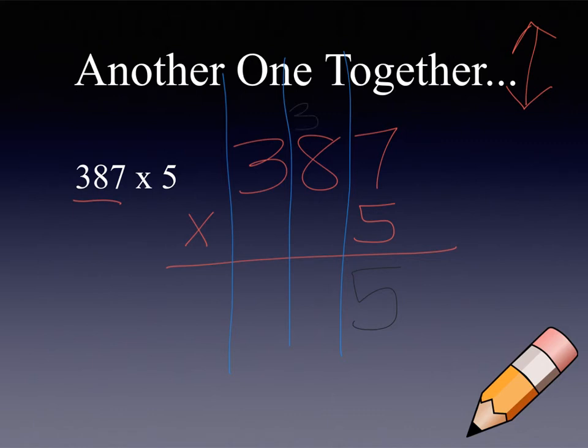A little bit. So I regroup that 3 up there. All right, so then I'll take my next number, 8 times 5, which is 40. And then I have to add that extra 3 on, which is 43. So I'm going to put my 3 down here and my 4 up here, just like if I was adding.